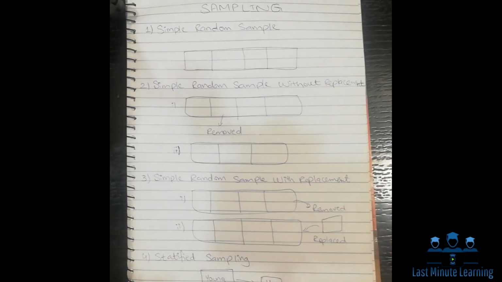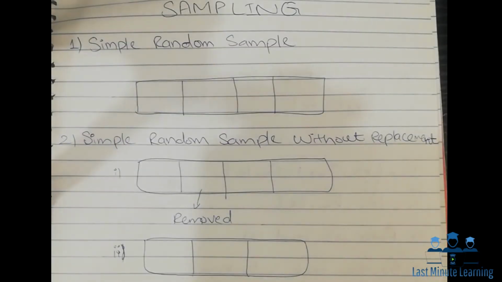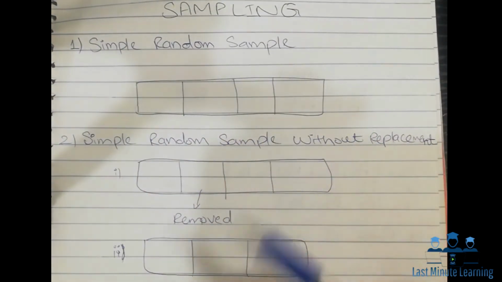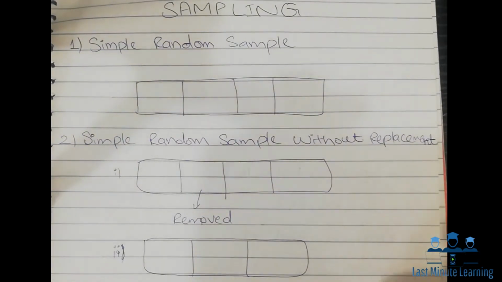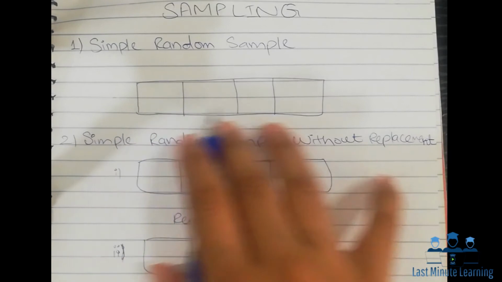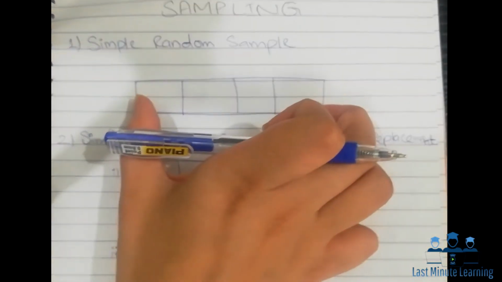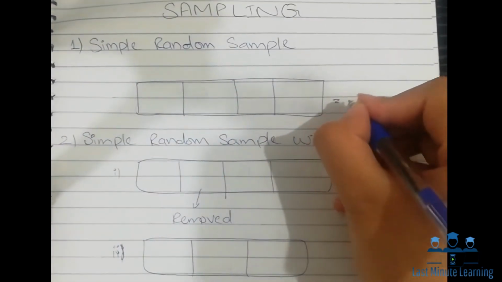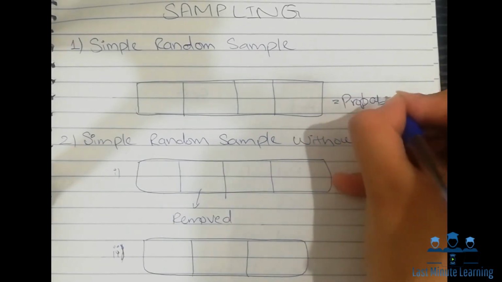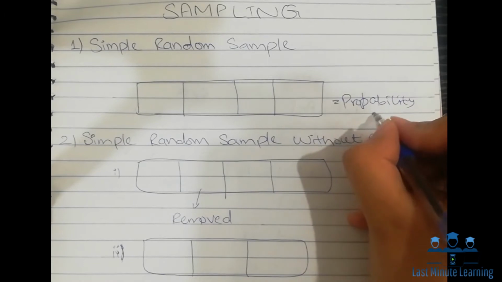Now let's start this. The first point is simple random sample. What does this do? As we can see, there are four blocks shown to us over here. The total has probability of 1.